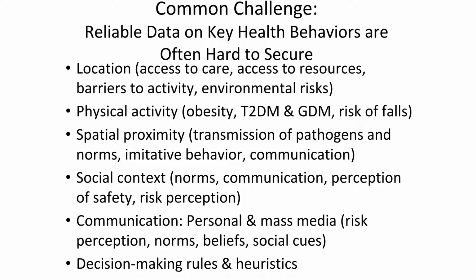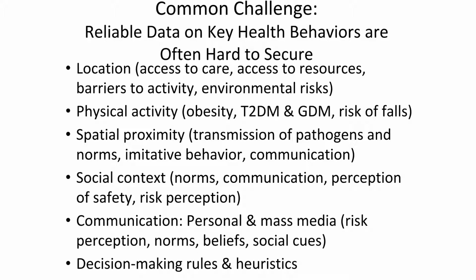Individual spatial proximity is of considerable interest in a wide variety of domains, not just transmission of pathogen, but also transmission of norms, attitudes, beliefs when it comes to health, whether it's health behaviors related to communicable diseases or related to risk factors for chronic disease.